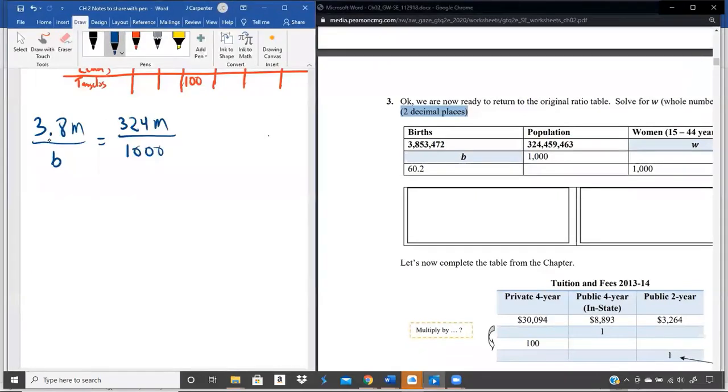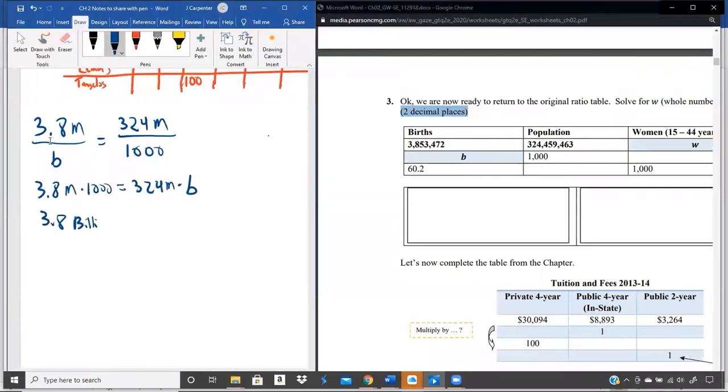You cross multiply, so you'll get 3.8 million times 1,000 is equal to 324 million times the B. Again, the M's are abbreviations for millions. Don't think they're variables, please. 3.8 million times 1,000 is just going to make that billions, so it's now 3.8 billion. I'll write the word because there's another B.